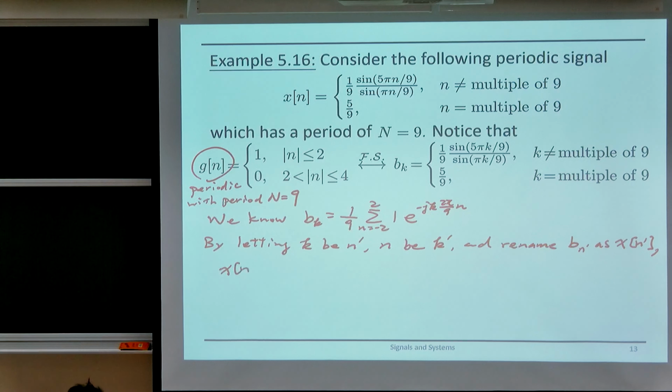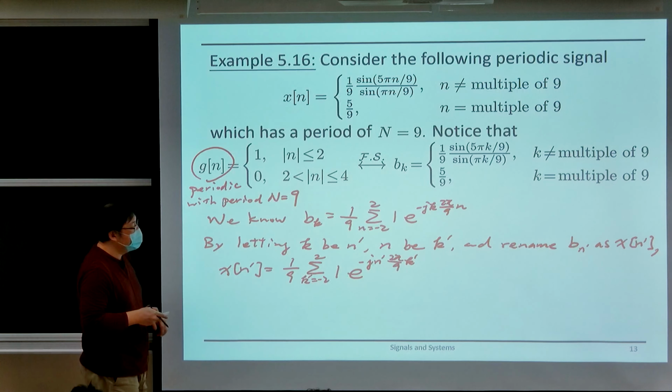So xn prime is equal to 1 over 9, or I can write this 1 over 9 inside. Let's do this first: 1 over 9 summation k prime from minus 2 to 2, 1 times e to the minus j n prime 2 pi over 9 k prime.